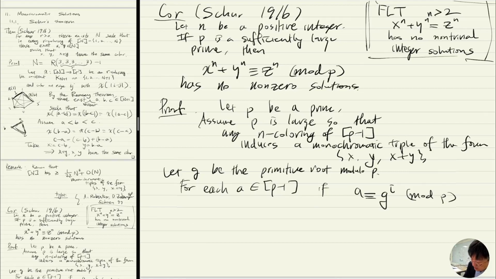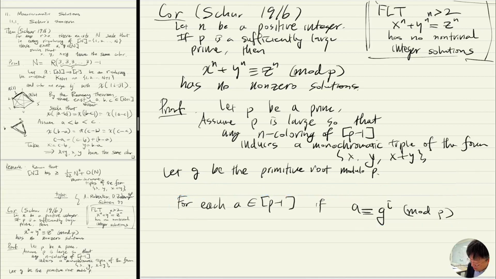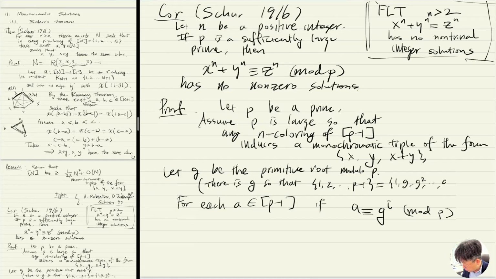For those who took the number theory course, you may remember that there is g so that 1 up to p minus 1 is equal to g to the 1, g squared, up to g to the p minus 2 modulo p.